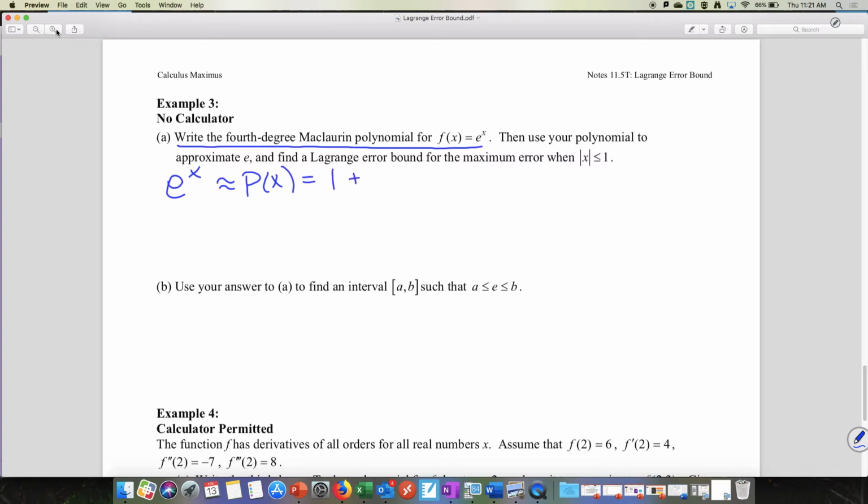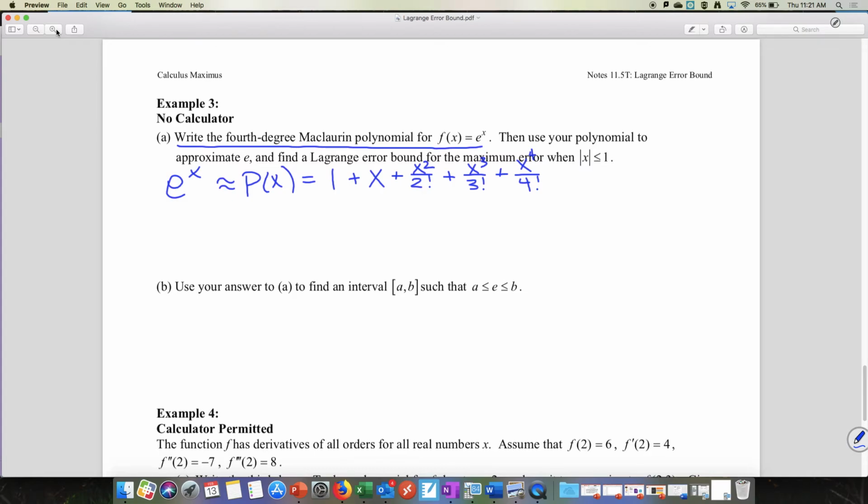1 plus 1x plus... what degree? Fourth? Okay.